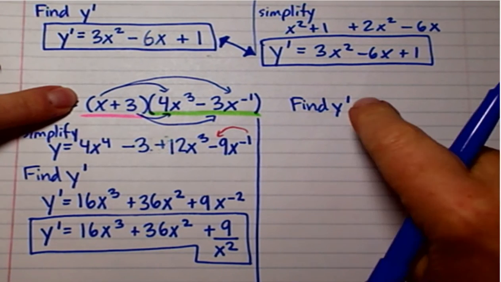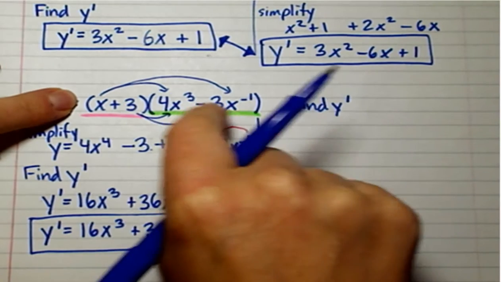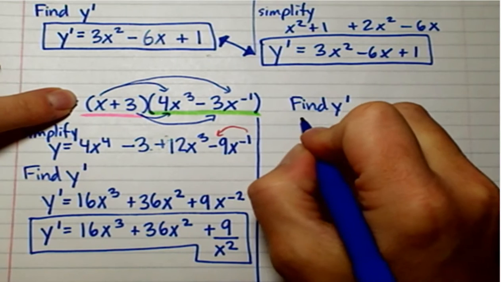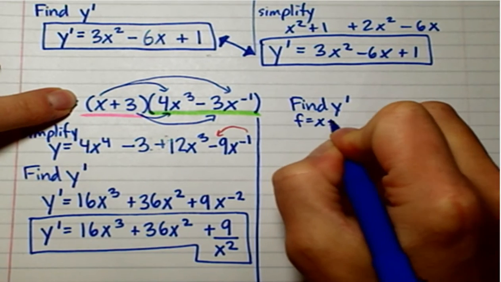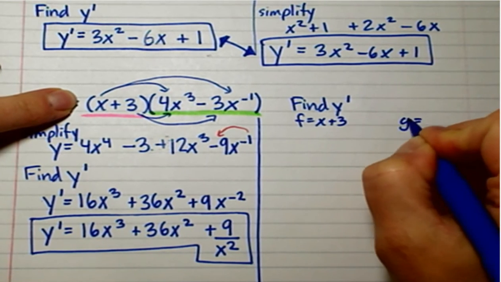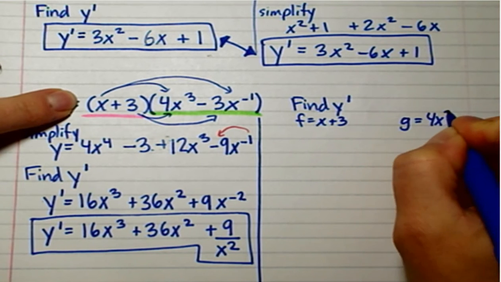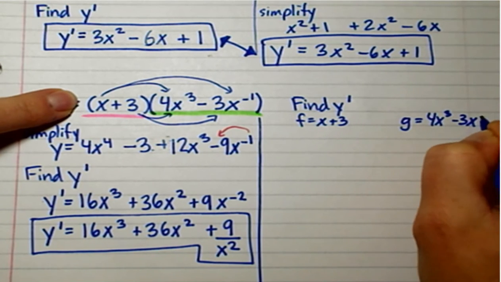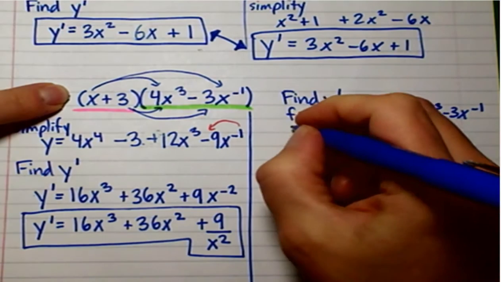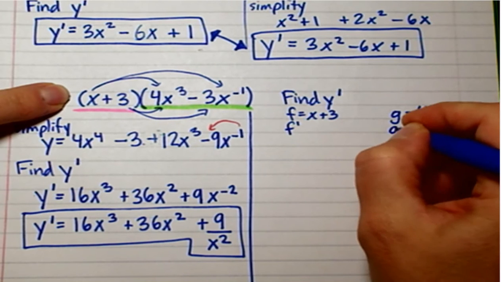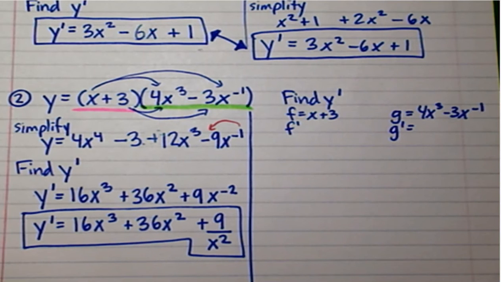Okay, so if I find y prime first, I have two pieces. So we have f and we have g. Okay, you've practiced your product rule.